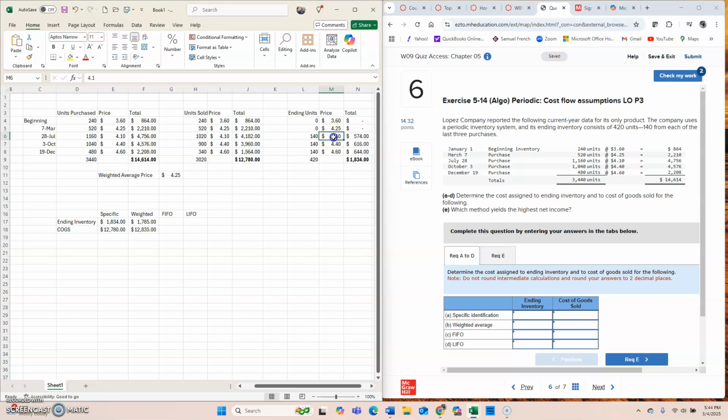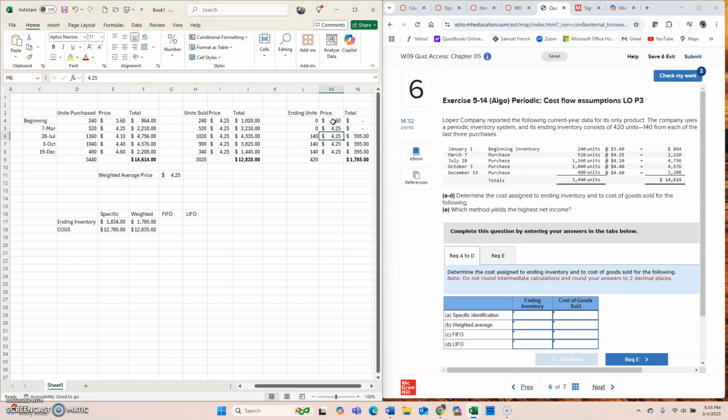So if I change all of these units to $4.25, and same with on this side, that tells us that our cost of goods sold is $12,835, and our ending inventory of 420 units is $1,785.